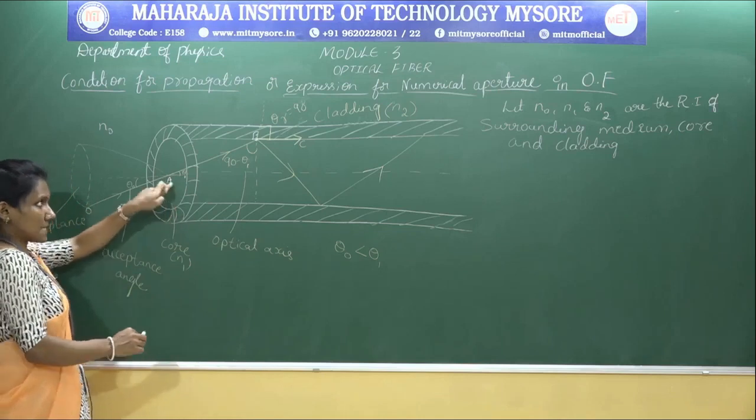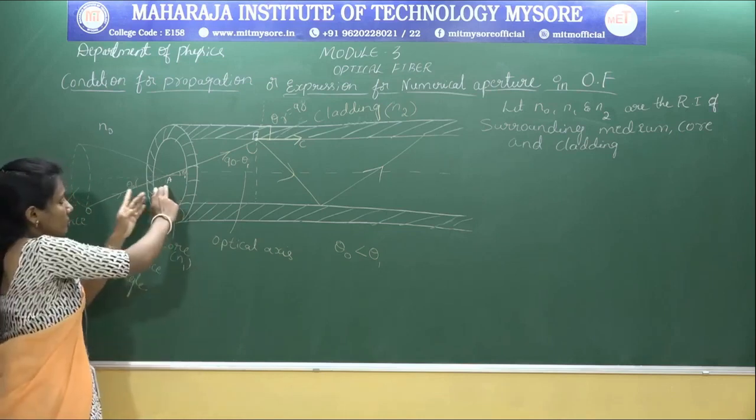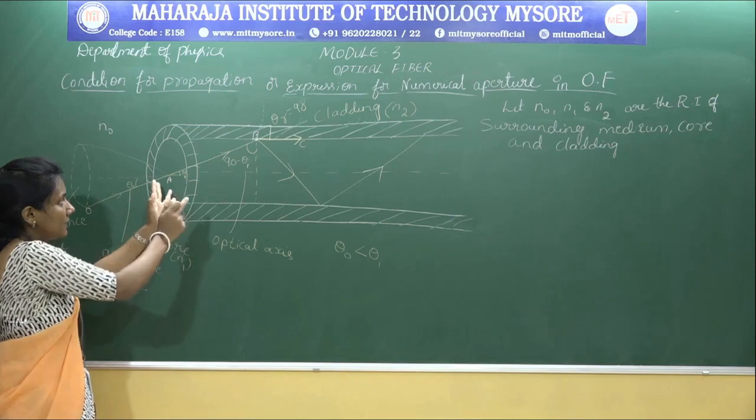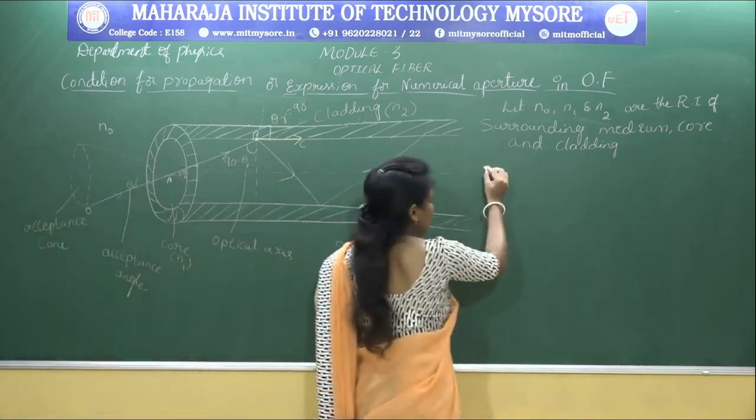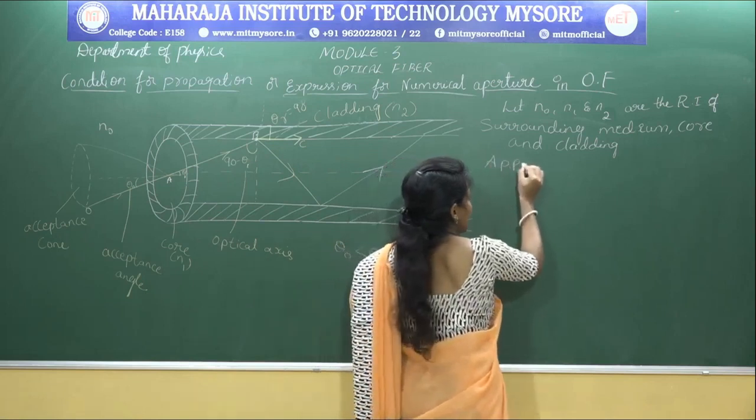If we apply Snell's law at point A, we consider where the ray of light is incident from and how it is refracting.